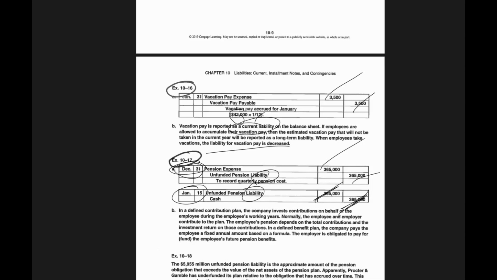The defined benefit is different in that the employer is obligated to fund the employee's future pension benefits. So in a defined benefit plan, the company pays the employee a fixed annual amount based on a formula. So it's completely different. There is a number that we need to attain and fund.